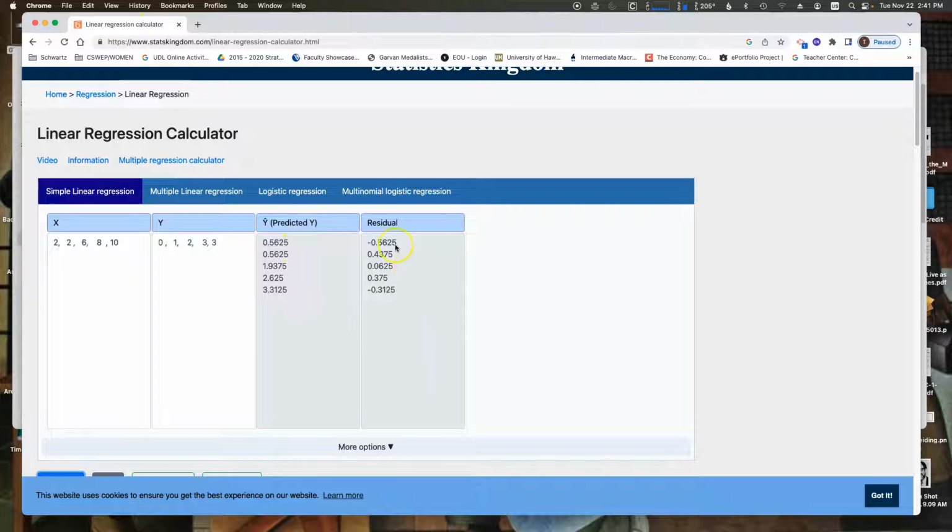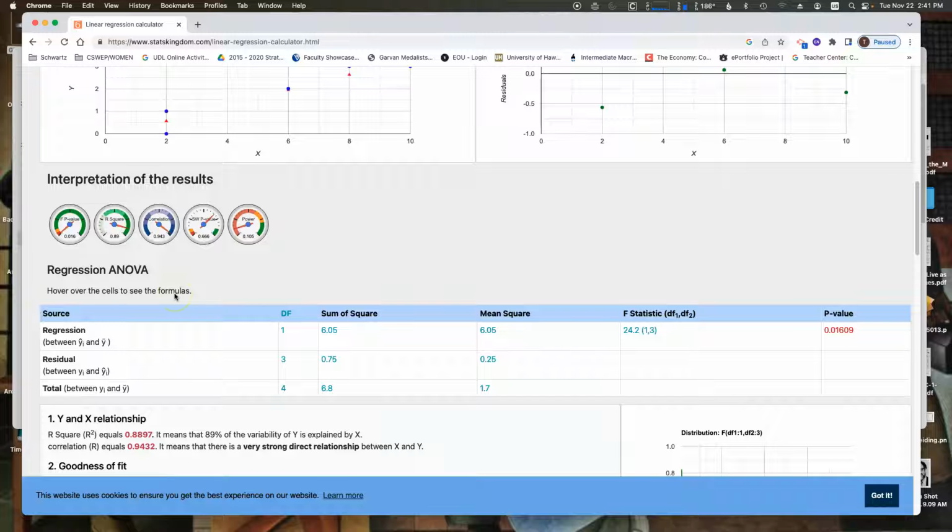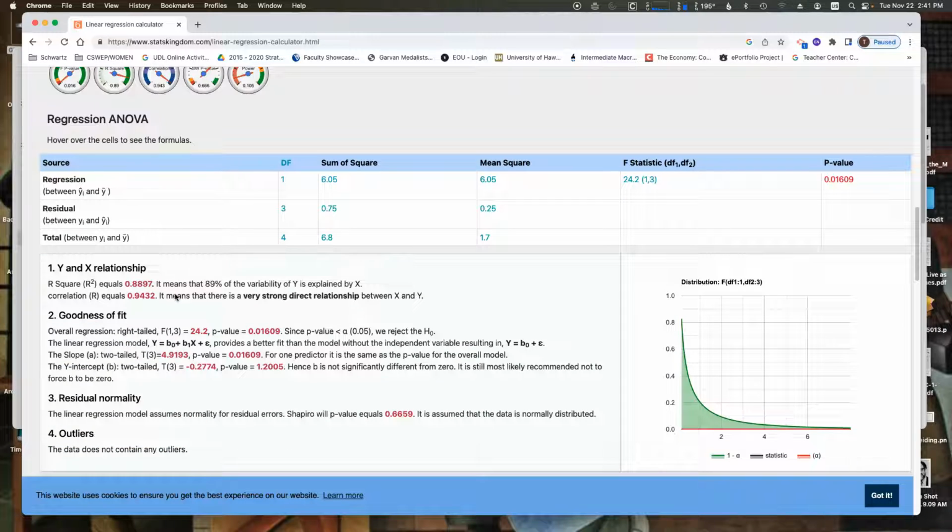And it got me my residual values, basically my error term, my predicted value from the regression equation, and then it gave me my alpha term and my beta term, and gave us our squared. It gives us all the variables I would ever ask you for, certainly on the exam.